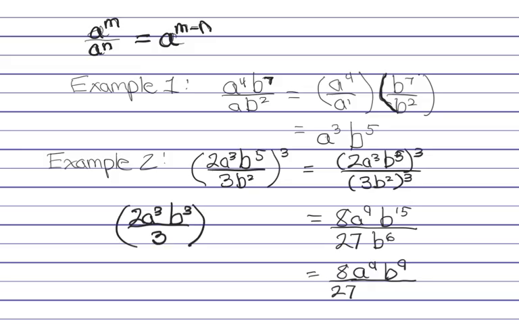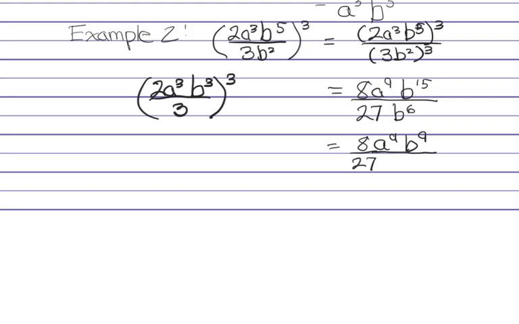And then I would have raised that whole thing to the 3rd power. Either way, the answer still would have come out to be 8a to the 4th, b to the 9th over 27. It's just a matter of which you prefer to do first. Do you want to raise each thing to the 3rd power and then subtract exponents? Or do you want to subtract exponents at the very beginning and then raise it to the 3rd power? Either way is fine. Okay, so that's that one. That's as much as we can do to simplify that.